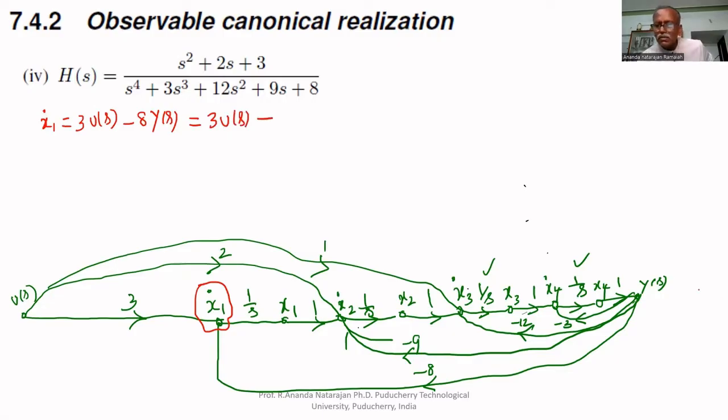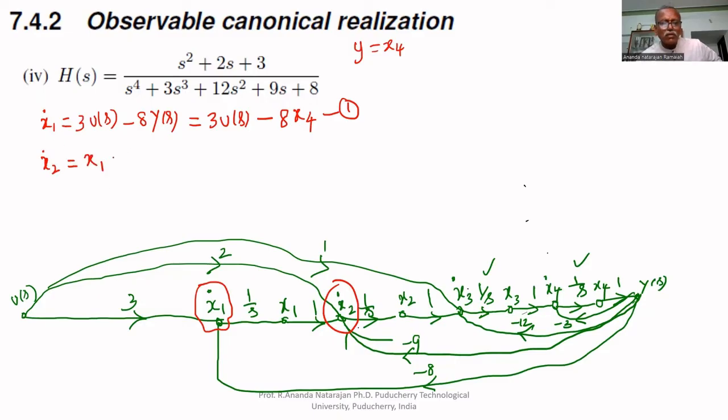Y of s equal to what? X4 is one time multiplied and given as input. Y node has only one input, that is x4. Therefore, y equal to x4. Therefore, we can write minus 8 times x4. This is first equation.